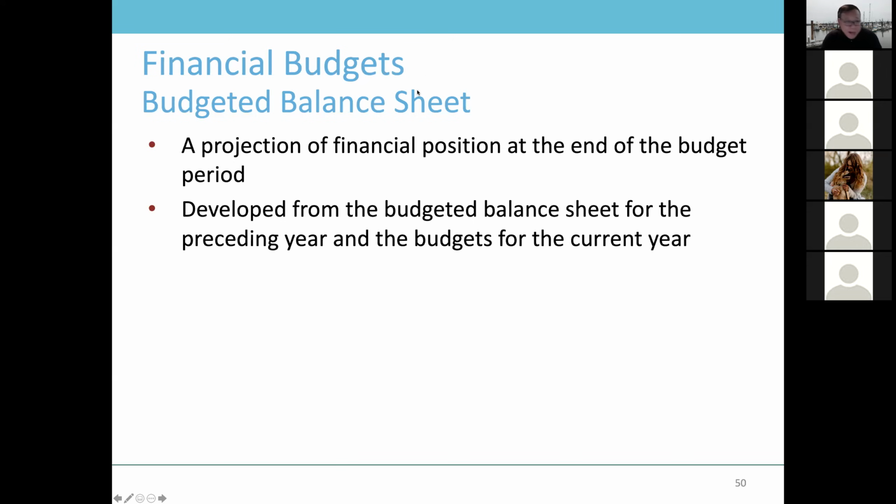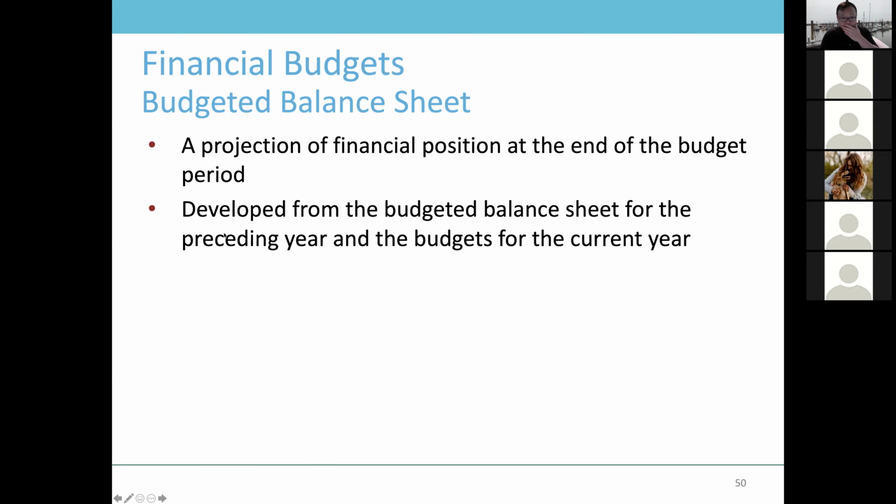So, the financial budget, the budgeted balance sheet. We have done the cash budget, so now let's talk about the balance sheet. The opening numbers are the ending numbers from the previous year, and then you take into consideration the changes.